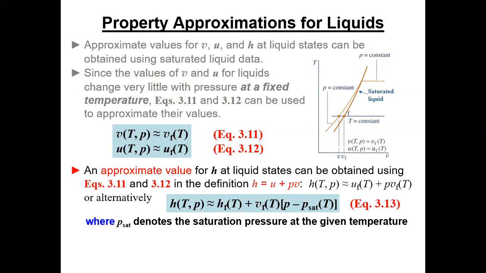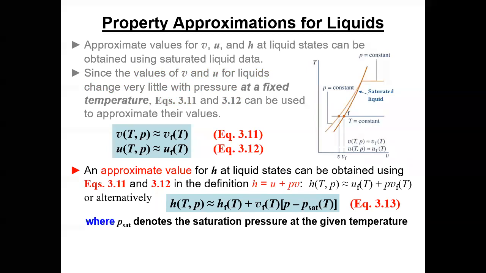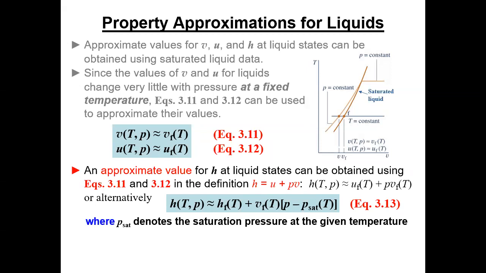Okay, an approximate value for enthalpy, h, at liquid stage. Now this is liquid, okay, this isn't gas. So we've got all these little categories here that you've got to remember. This is in terms of liquids. Okay. So an approximate value of enthalpy at liquid stage can be obtained using those two equations and just the definition. And so enthalpy is internal energy plus pressure times specific volume.